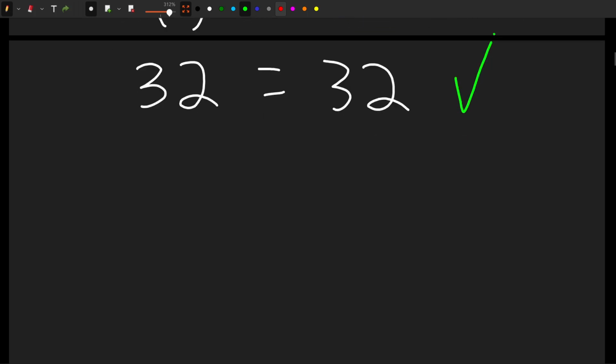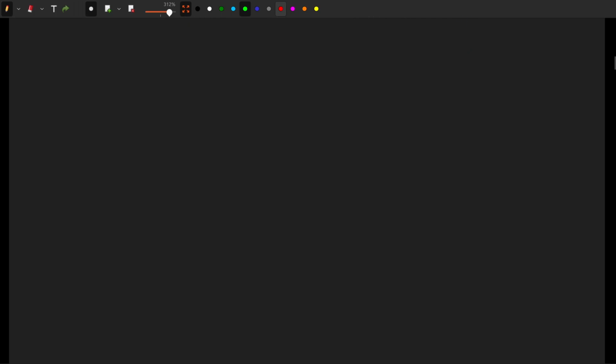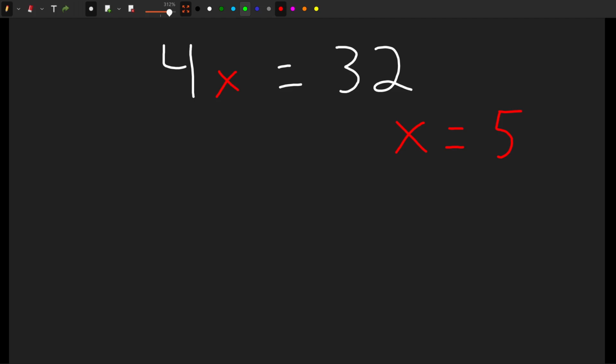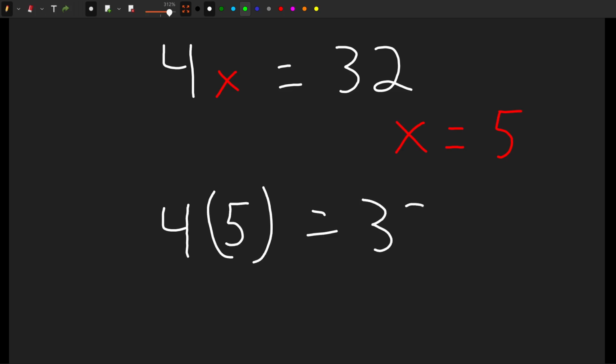Let's take our same problem now, 4x equals 32, and let's try x equals 5. We plug in 5 for x. On the left-hand side, we get 4 times 5. On the right-hand side, we get 32.